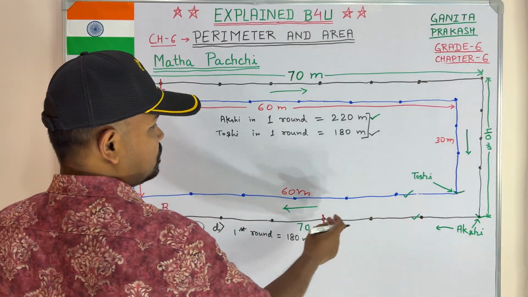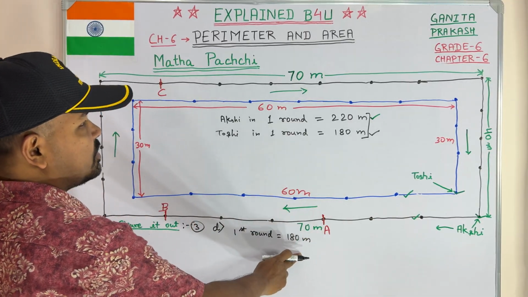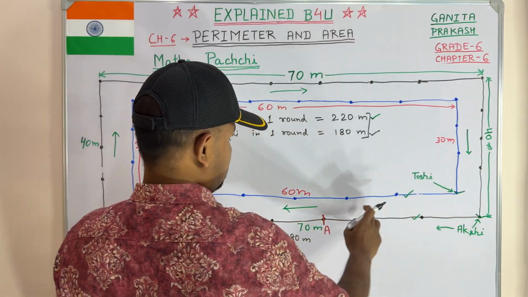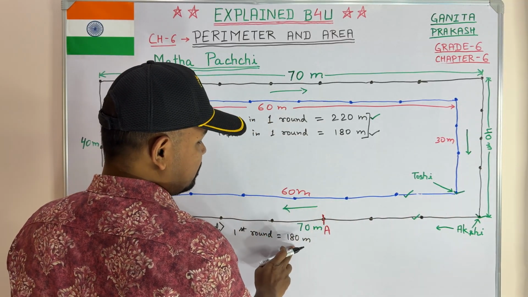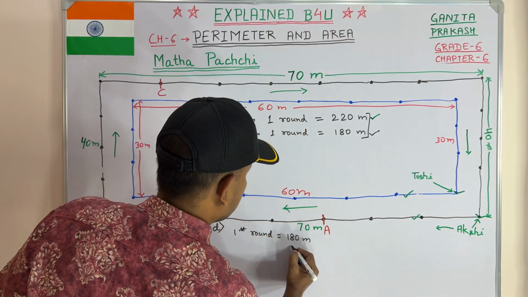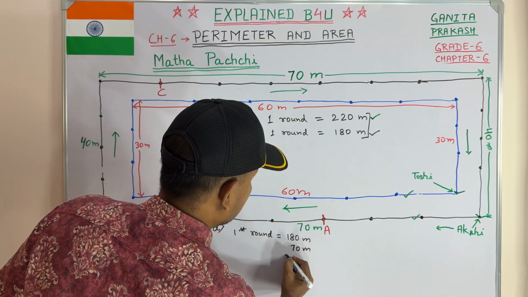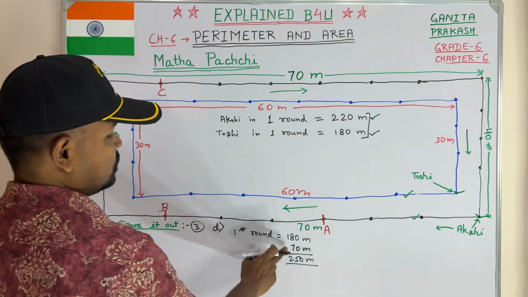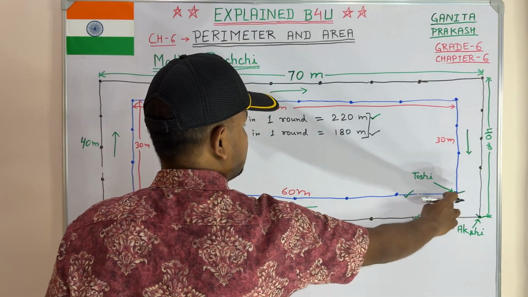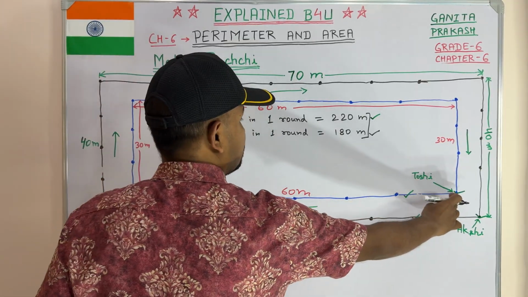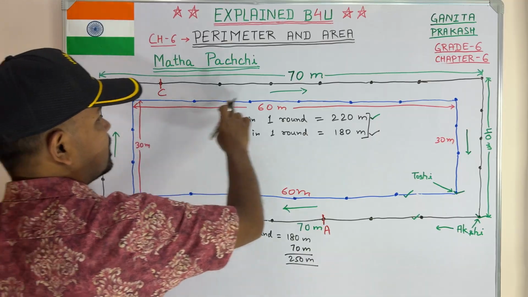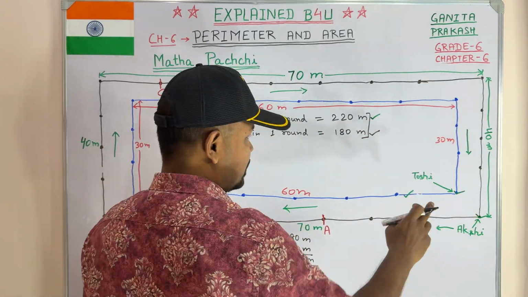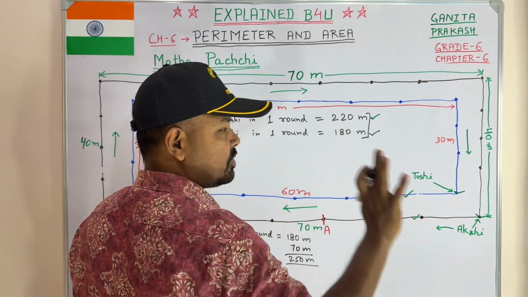So in the first round she is covering 180 meters, and in the second round, again from the starting point, she has to cover 70 meters. If we add 70 meters, the total will be 250. So from here Toshi has started, and comes back to here. So she completed one round. In one round, 180 meters is complete.